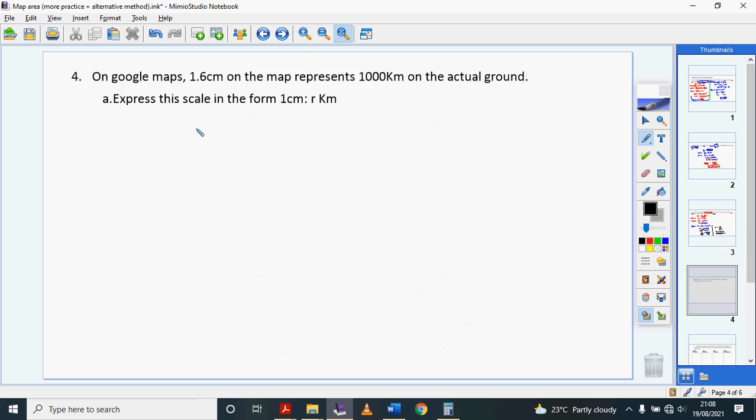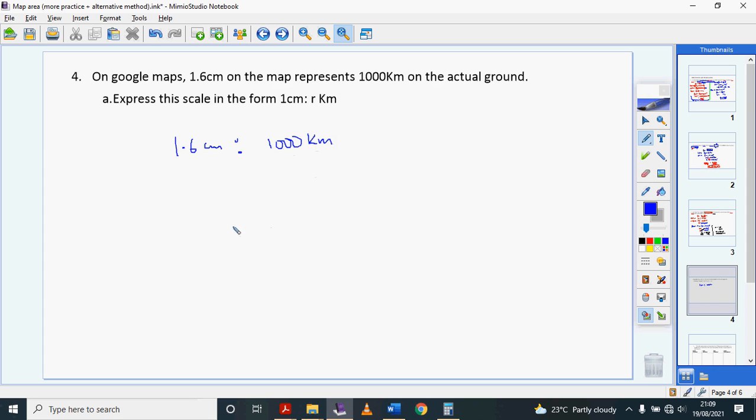Okay, last example. On Google Maps, 1.6 centimeters on the map represents 1,000 kilometers on the actual ground. Express this scale in the form 1 centimeter to r kilometers. Okay, so it says 1.6 centimeters represents 1,000 kilometers.